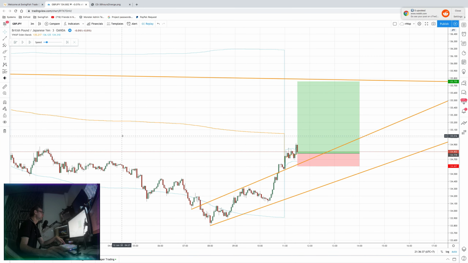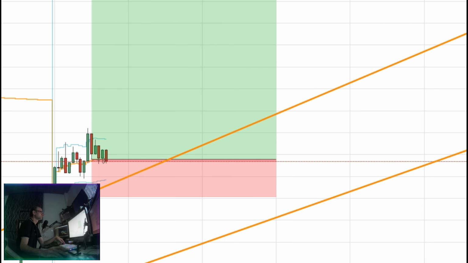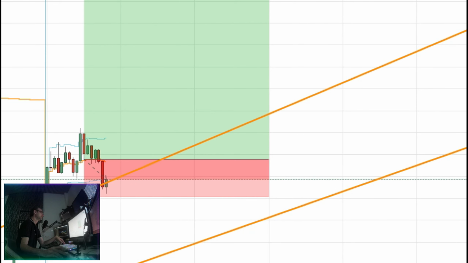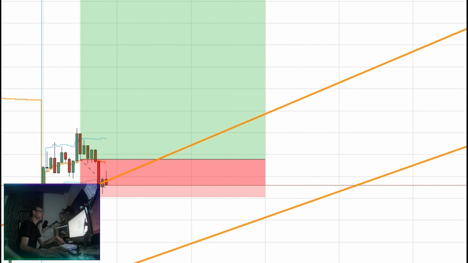And this is going to be a tough one, because this price action looks kind of bad. But this is basically how it is. Let's just see how it plays out. This is pretty bad. I would probably scale in here, but this is very likely to get stopped out.